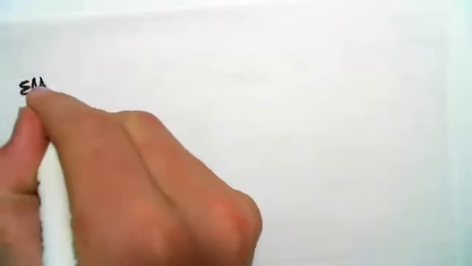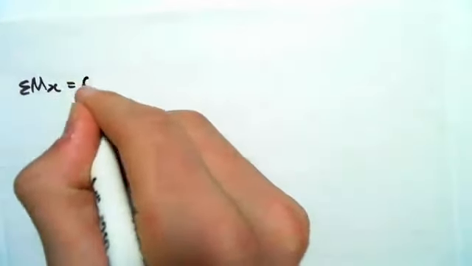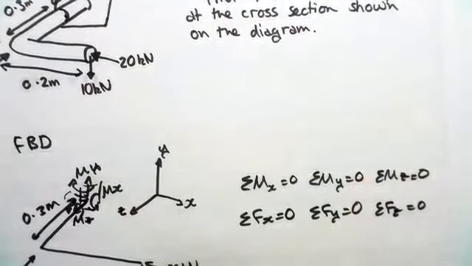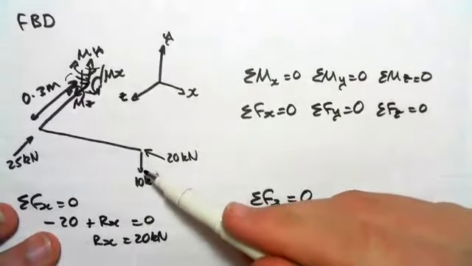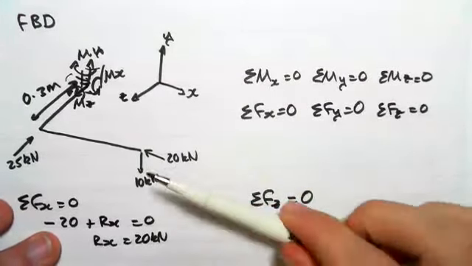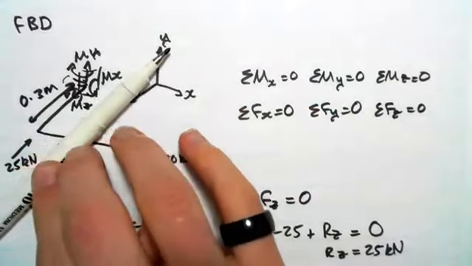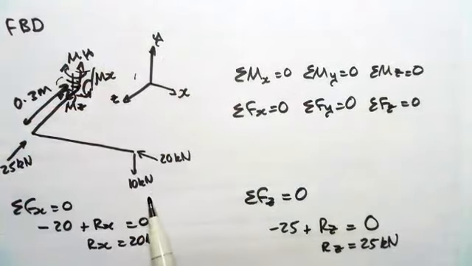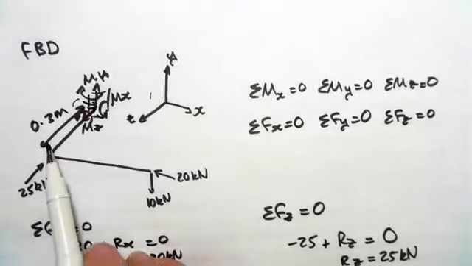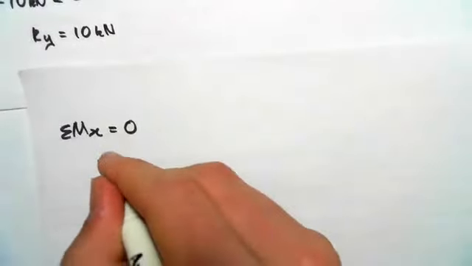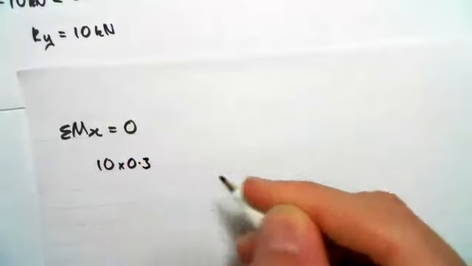First, let's do the sum of moments in the x direction equals 0. We can see what's causing moment about this x direction. It's really only this 10 kilonewton force, because the other is parallel to the axis and this one goes through the x-axis. Its distance away is 0.3 meters, so we do 10 times 0.3.